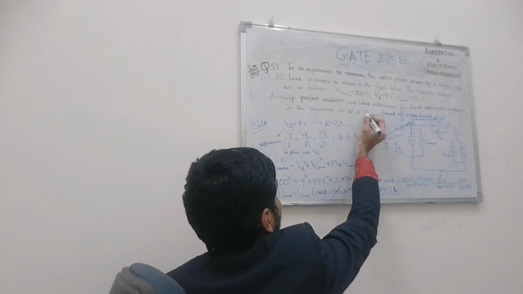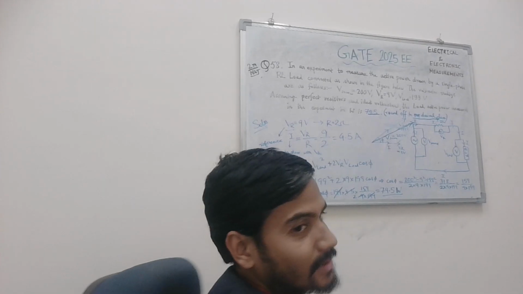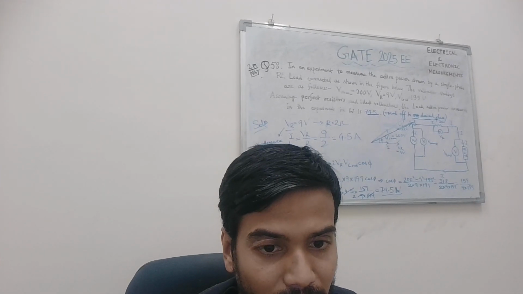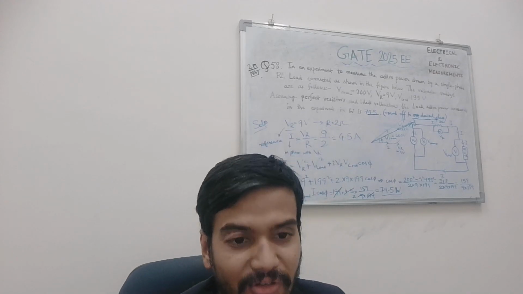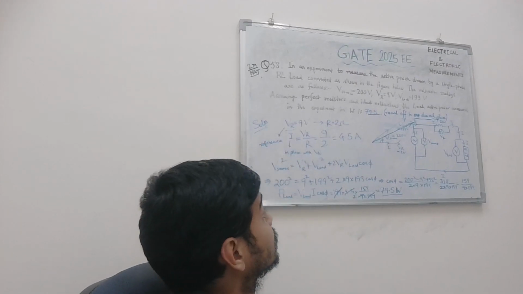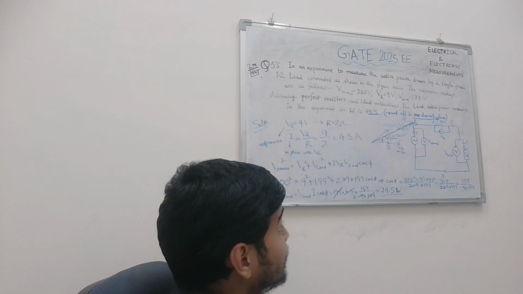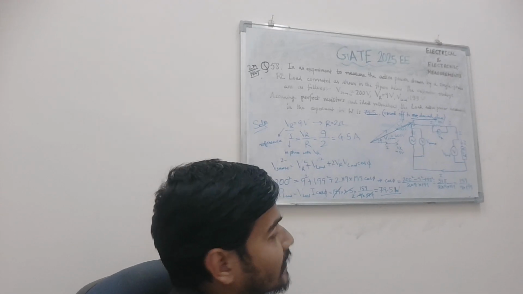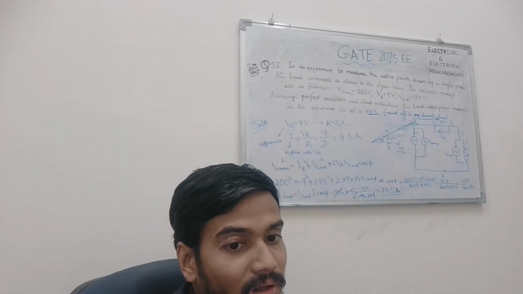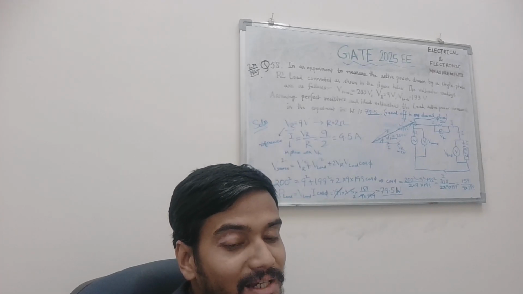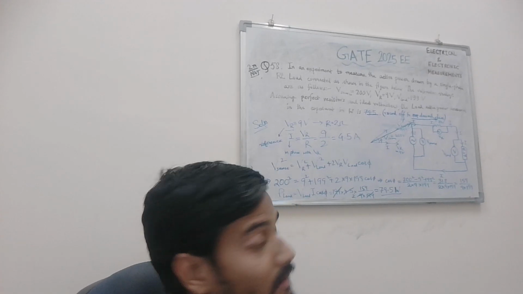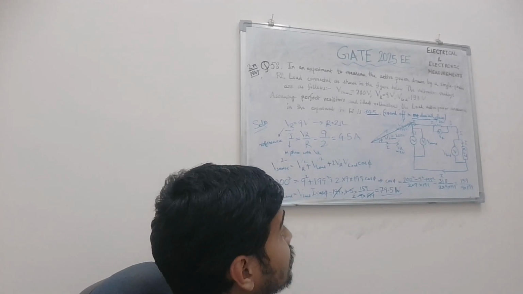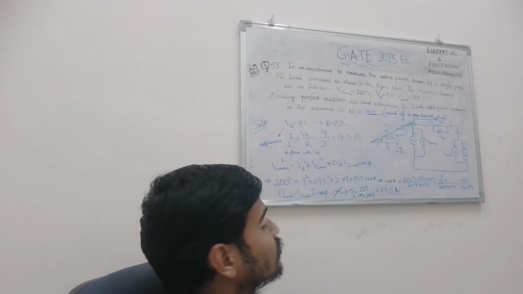So the correct answer is 79.5. I have explained it from the very basics in detail, by the phasor approach, first finding the current in the resistor, and as it is a series circuit, the current will be the same in the load as well. Then finding the phase angle between that series current and the load voltage by the phasor addition formula, after which I found the load active power as V load I cos phi.